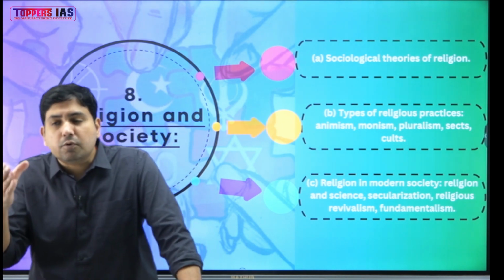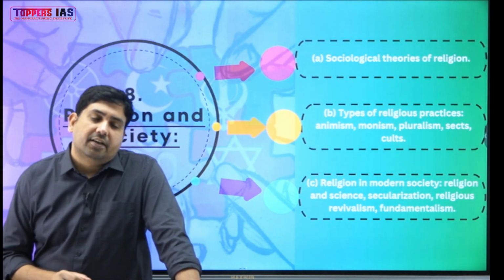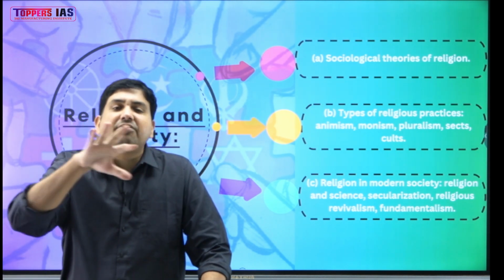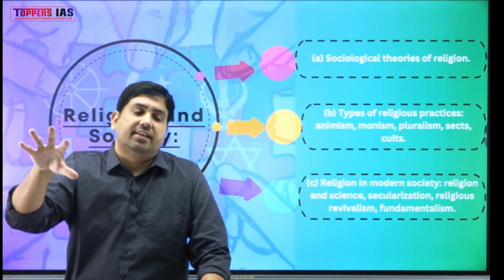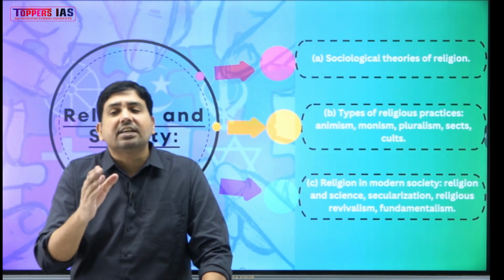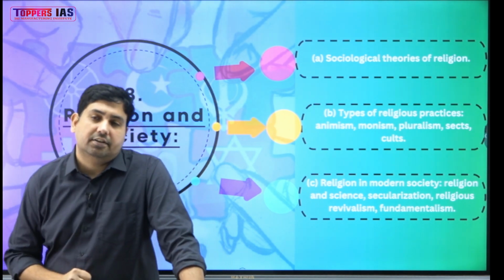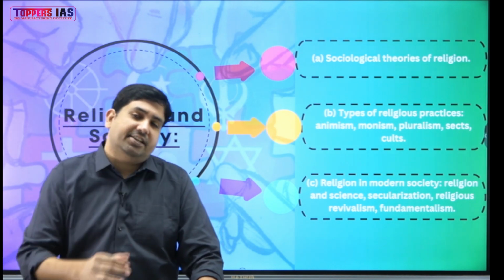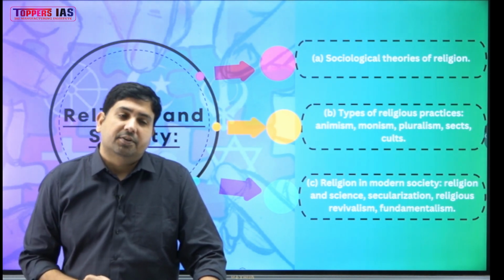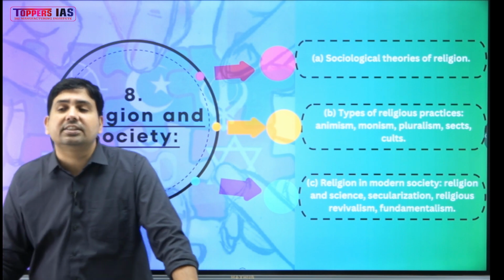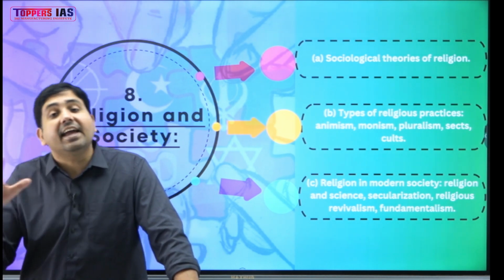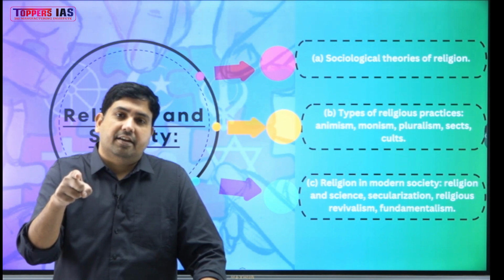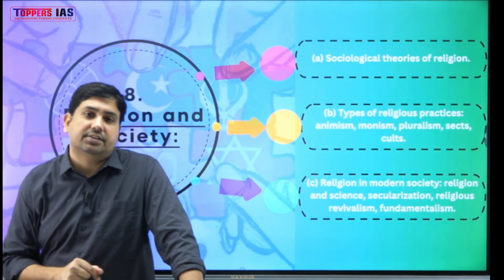Now, when it comes to Max Weber, he saw the role of religion through a different lens. Max Weber saw religion as a powerful force for bringing about social change. He focused on how religious ideas can influence economic behavior and the development of different societies.